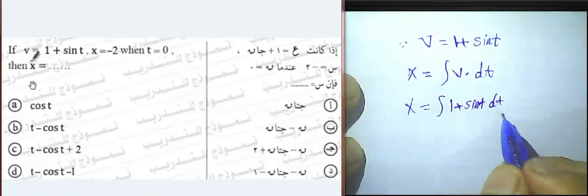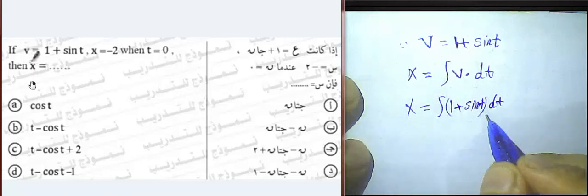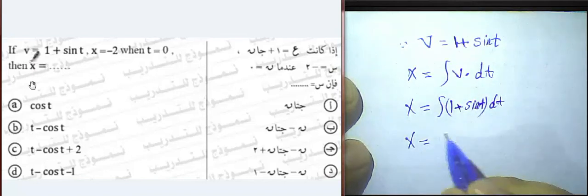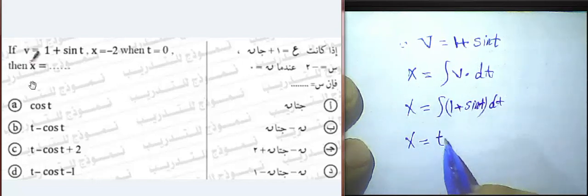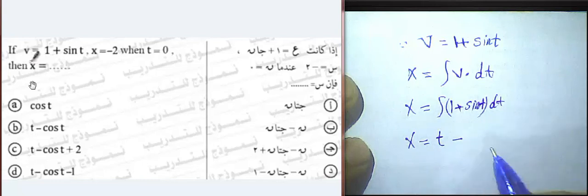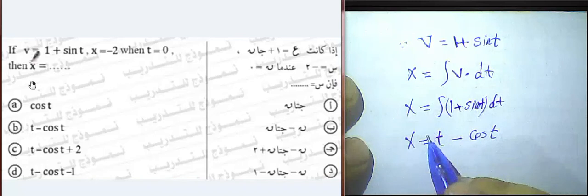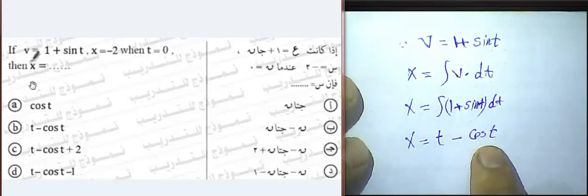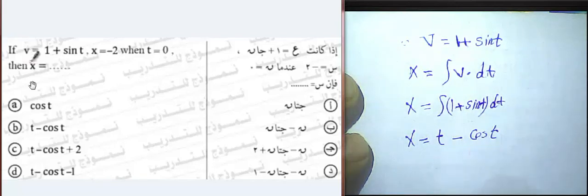Then we take the integration of 1 plus sine t. x equals the integral of 1, which is t, and the integral of sine t is negative cosine t, because the derivative of cosine is negative sine, and negative multiplied by negative equals positive.